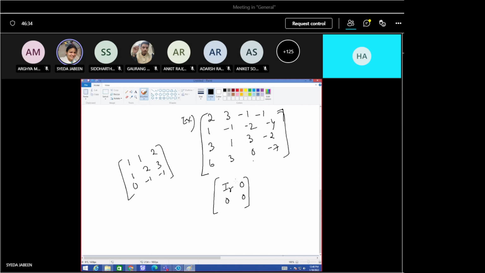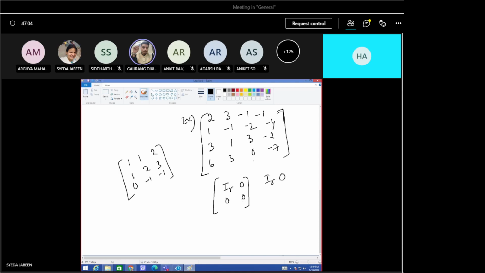That means you will get some matrix which will be in identity form. Some portion of the matrix will be in identity matrix form, or you can have the identity matrix like this with other elements 0, if it is a 3x4 matrix or something. So that is the normal form.